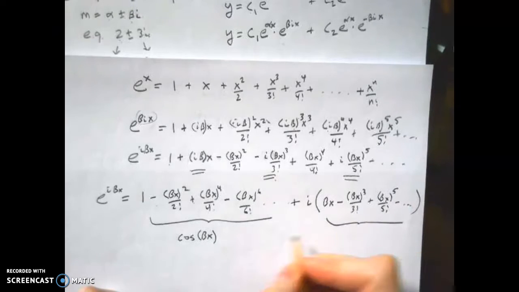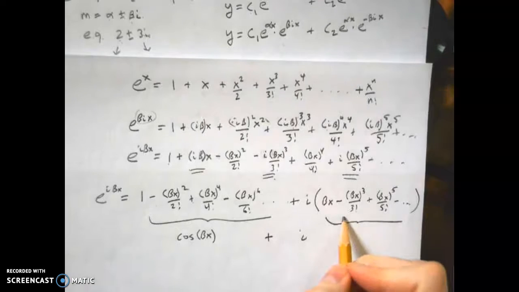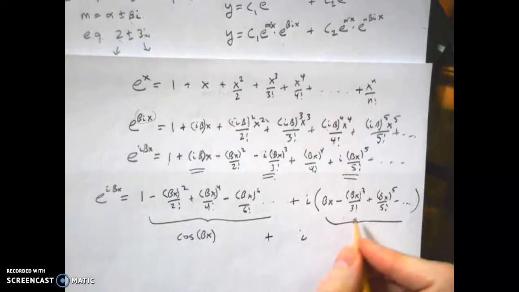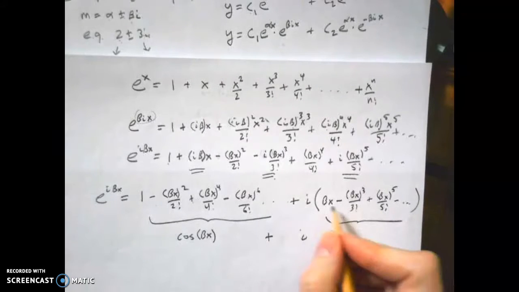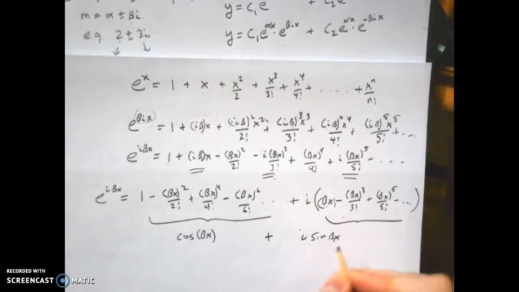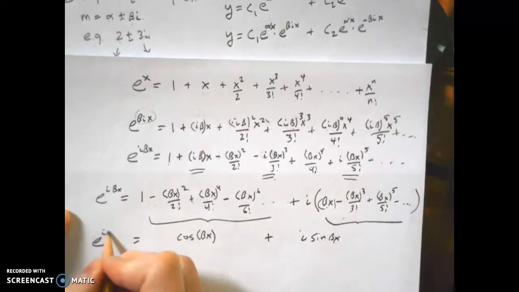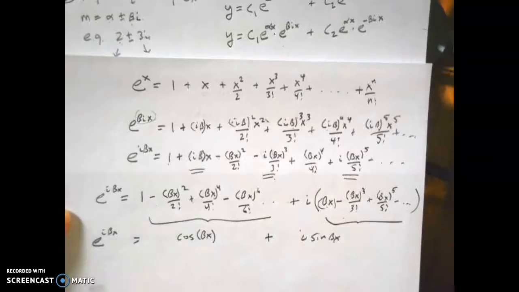Well, hopefully you recognize this as the Maclaurin series for sine of x, or sine of beta x. Okay, so what we get is e to the i beta x is equal to cosine beta x plus i sine beta x.